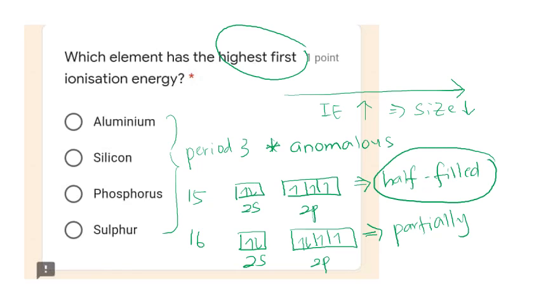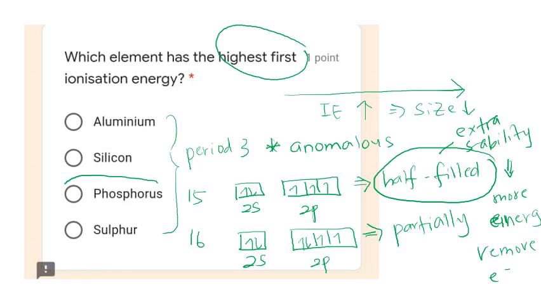A half-filled orbital has extra stability, and because of this extra stability, the element needs more energy to remove the electron. So in this case, phosphorus has the highest first IE.